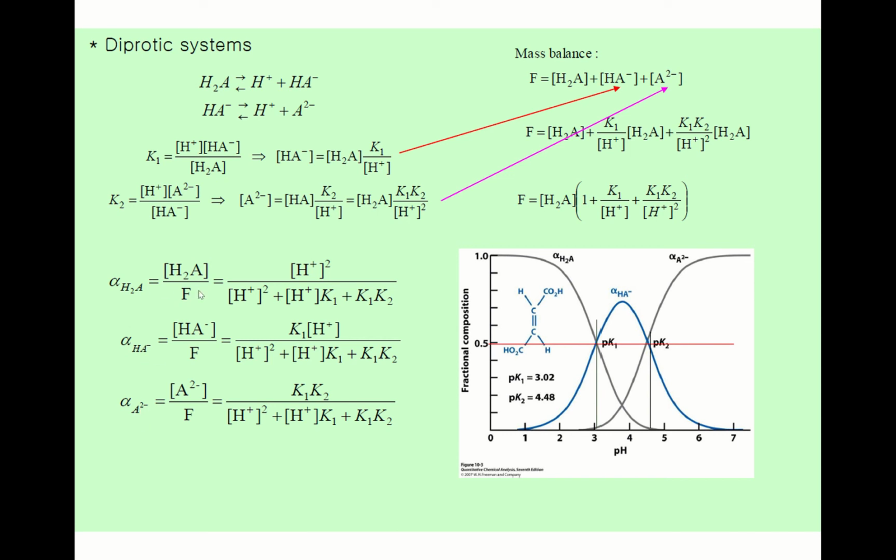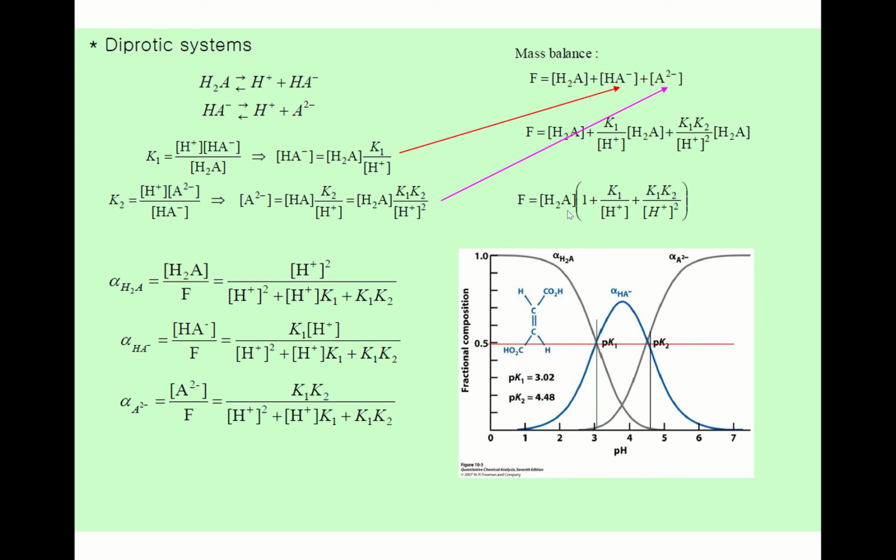For example, alpha H2A is the ratio of the H2A concentration and the formal concentration, and after some manipulation you reach this equation. Using K1 and K2, this is the formal concentration, this is the mass balance equation, and each species we express in terms of K1 and K2.